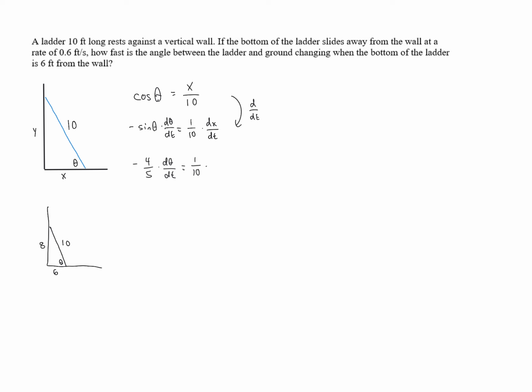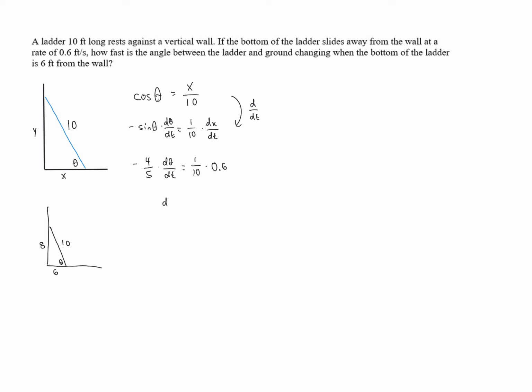Now, we know that the bottom of the ladder is sliding at a rate of 0.6 feet per second, and so dx over dt is going to be 0.6. Let's see. So we want to get d theta over dt alone, so we can multiply by negative 5/4, the reciprocal of this, to get rid of that on the left.